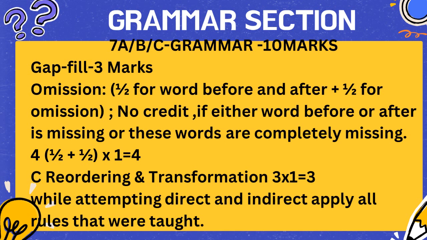All the rules that were taught to you in the class, you need to recollect and apply. For example, the previous, today to that day, yesterday to the previous day, tomorrow to the following day, and so on and so forth. This to that, these to those, and so on and so forth.